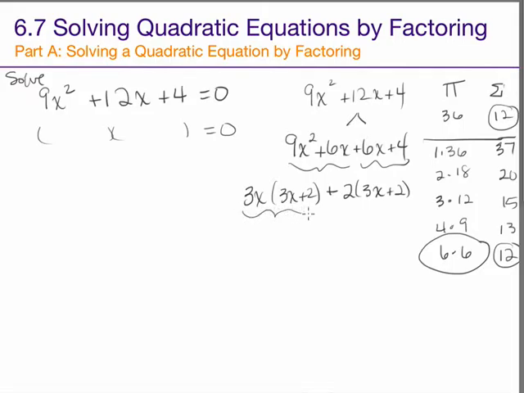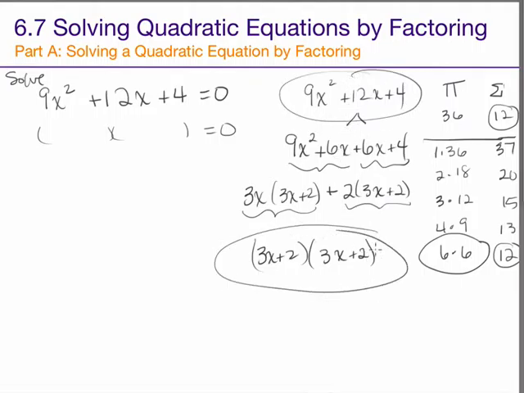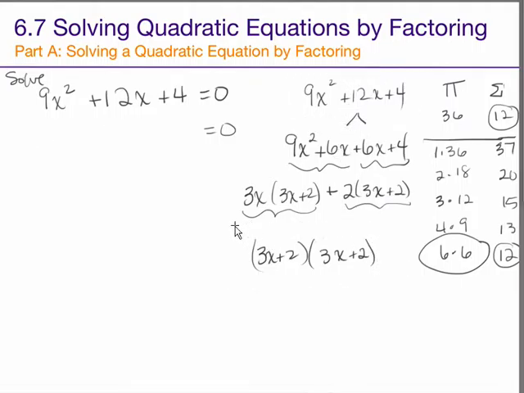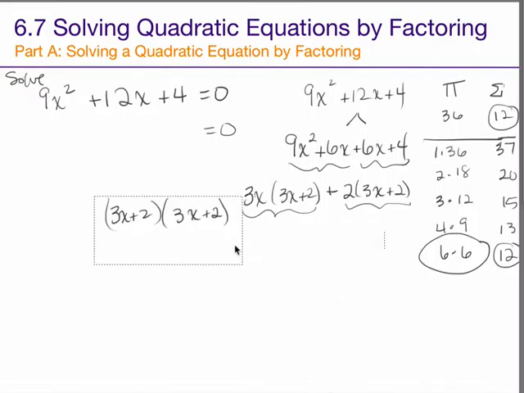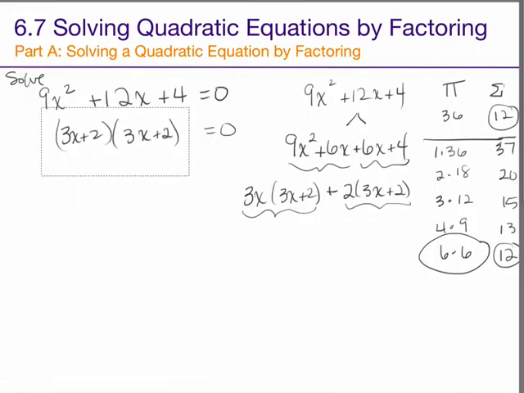And greatest common factor here and here. What's left over is 3x plus 2. This can be written like this. So I can replace the left-hand side of my equation with the same thing in its factored form.